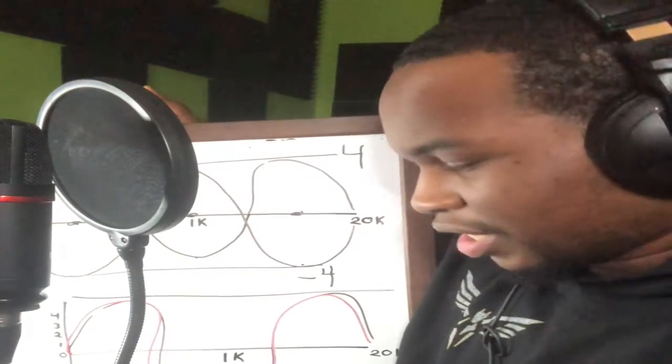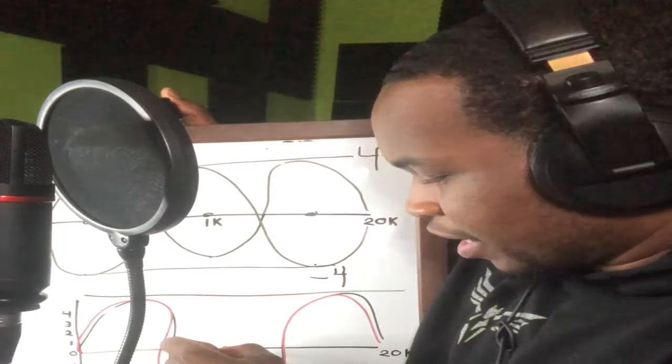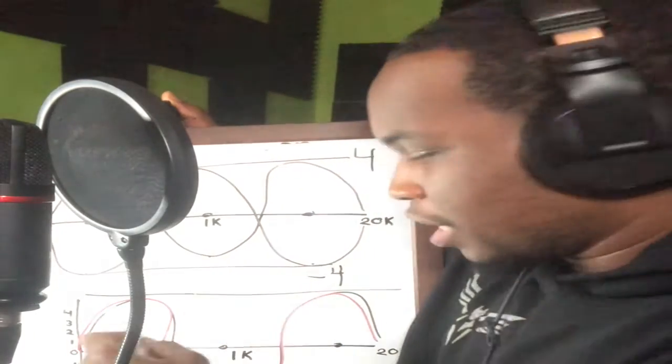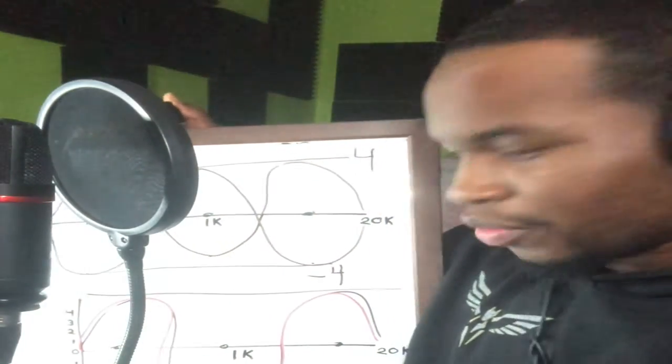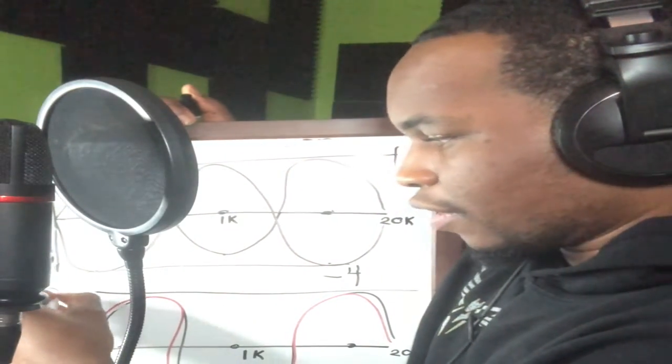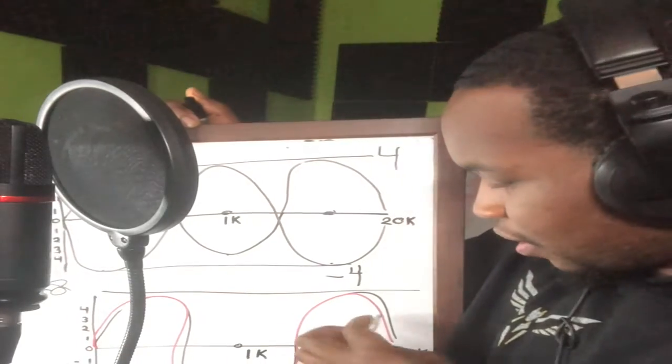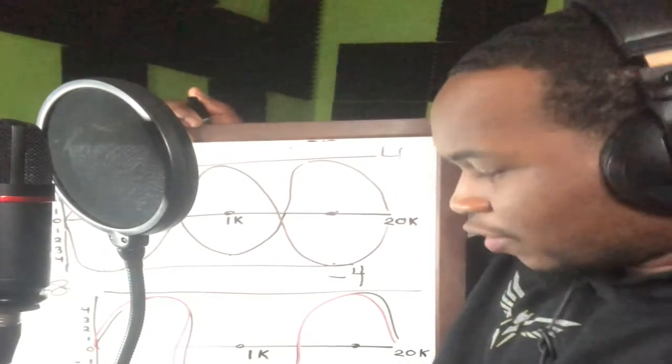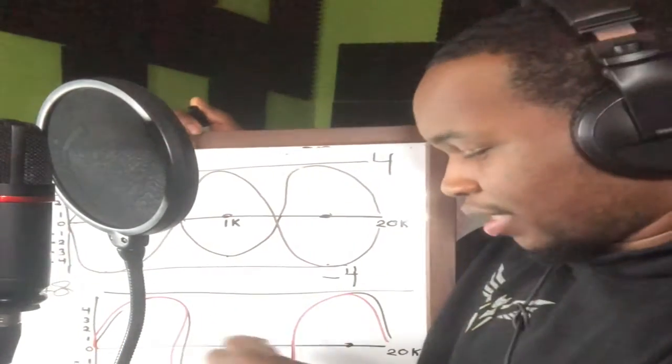So instead of having a mean of 0, it's actually going to double and become +8. That means that instead of canceling out, these sounds have doubled in dynamics and have become louder.